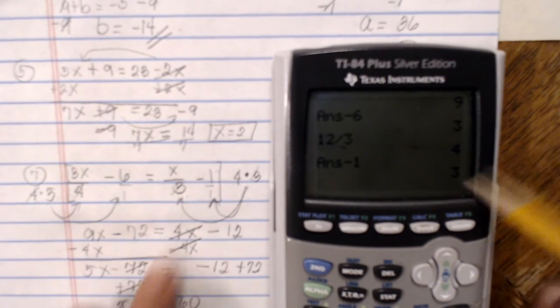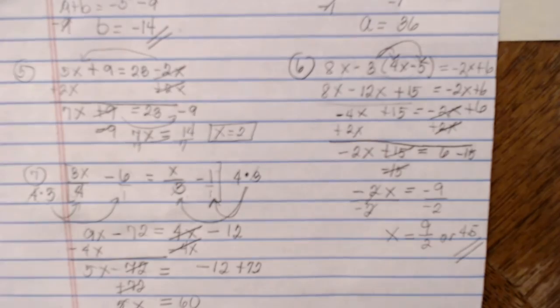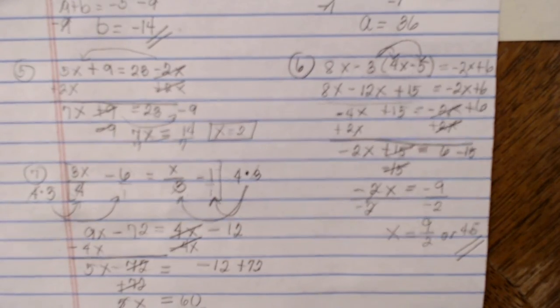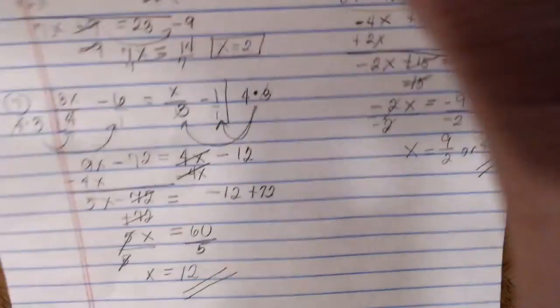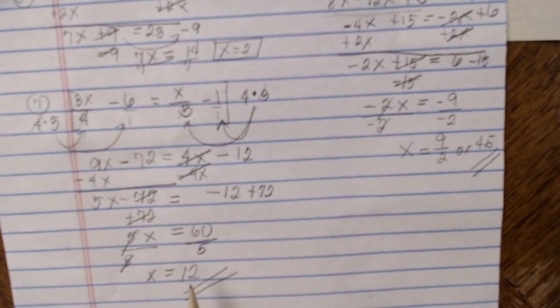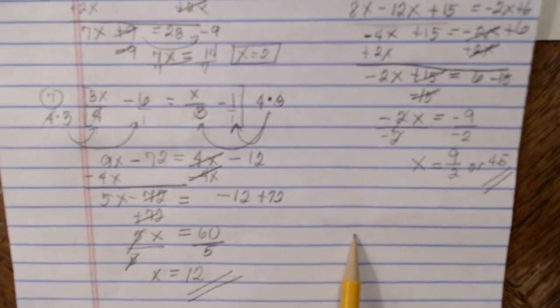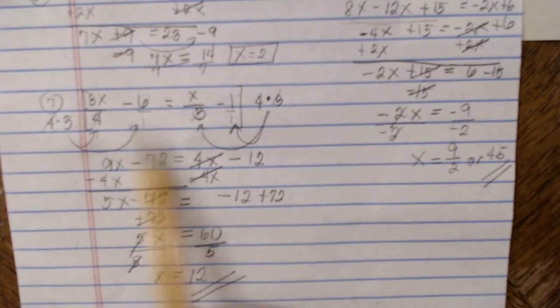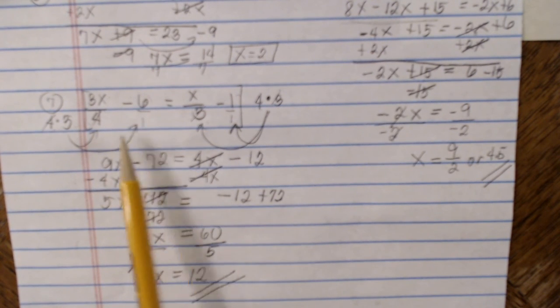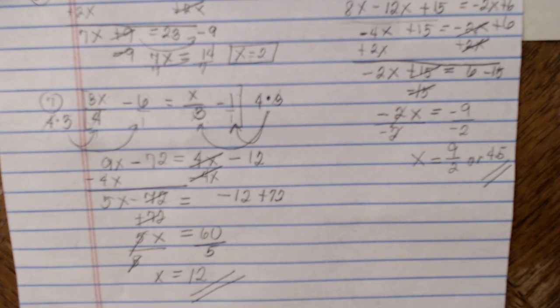I get a 3. So that means this is correct. The value of my x is actually 12 and nothing else, because it's verified right here. I get a 3 on the left and a 3 on the right. Okay guys, so that is first degree equations and their formulas.